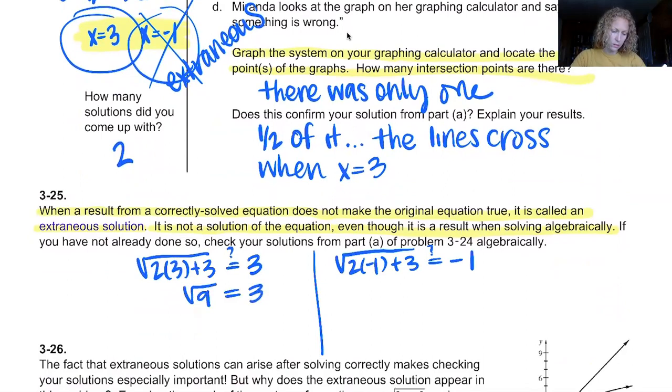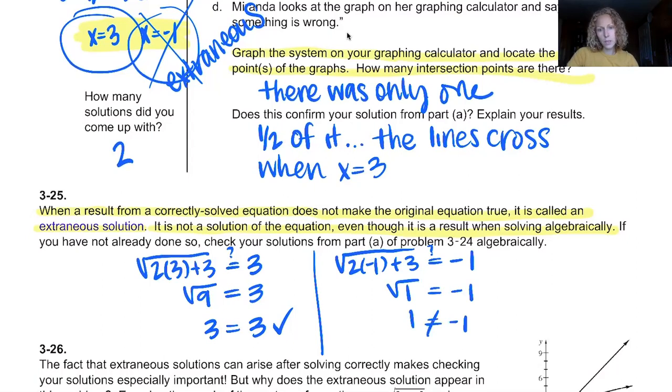Is the square root of 9 equal to 3? Yes, 3 equals 3. On the right side, this would be 3 minus 2, meaning the square root of 1. Is the square root of 1 equal to -1? No, 1 is not equal to -1. So this is not a solution to the actual original equation, even though it appeared when we did some algebra.